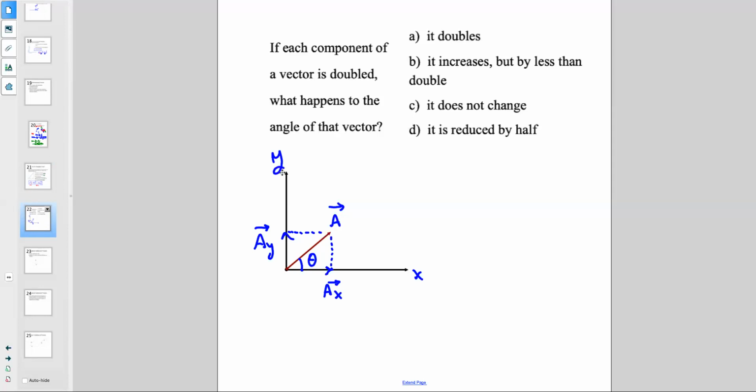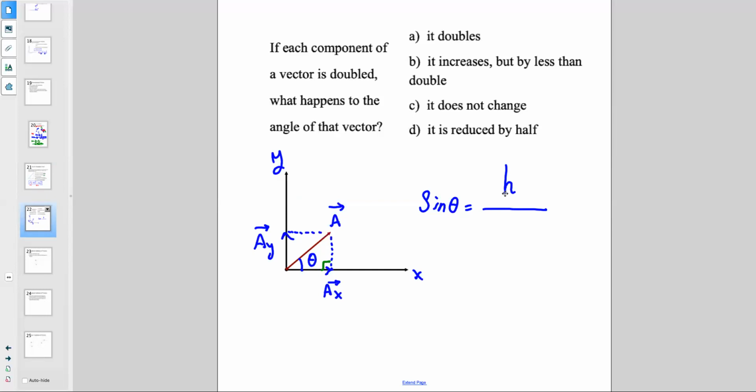Right? Now, it says if each component doubles, what would happen to the angle? So let's identify the 90 degree angle, which is right there. Okay, this is the 90 degree angle.